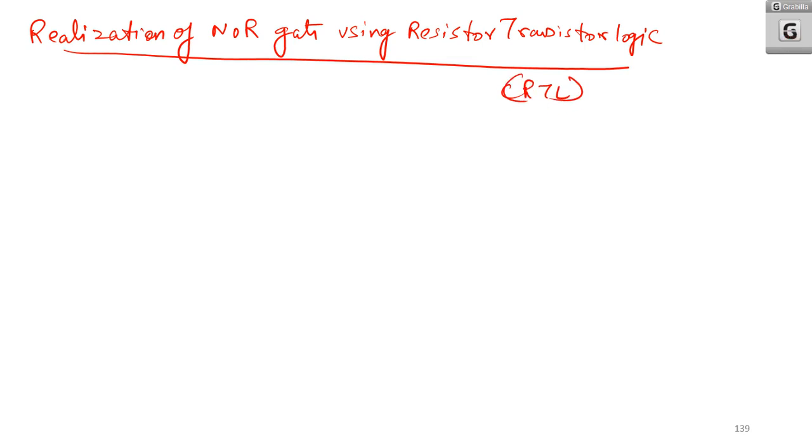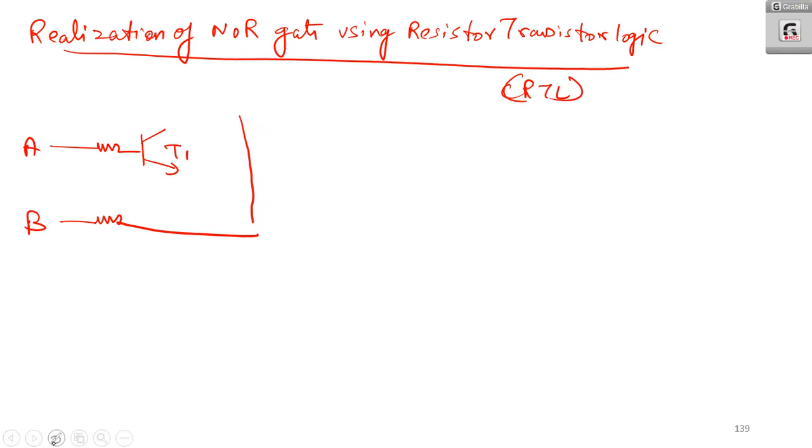Okay. So first of all, let me draw the circuit. Here I am having two inputs, A and B. A is connected to a transistor T1. B is also connected to another transistor, that transistor is T2.